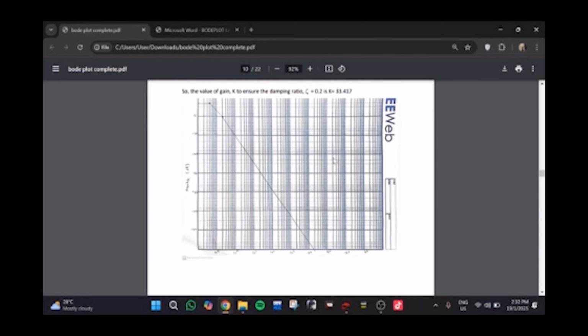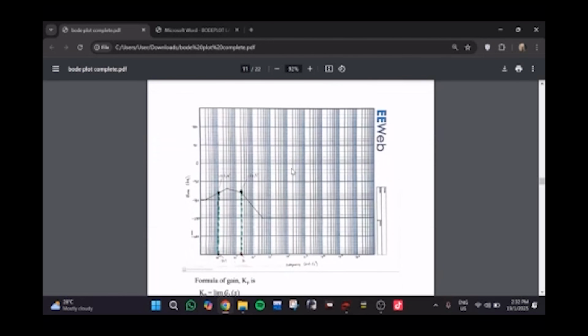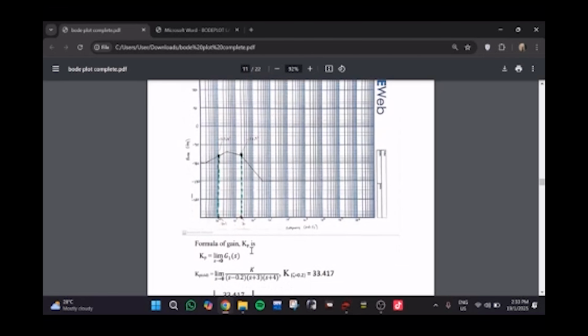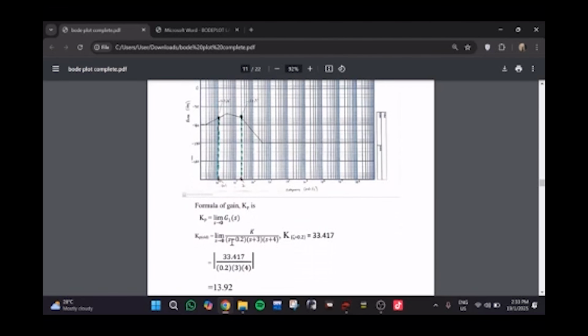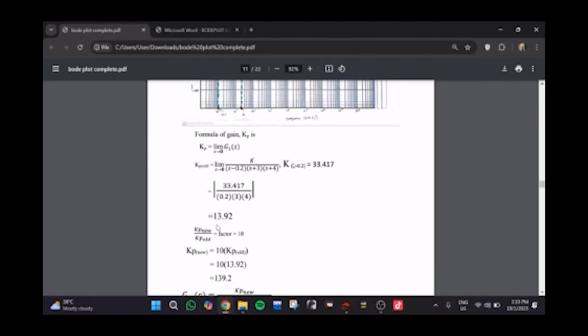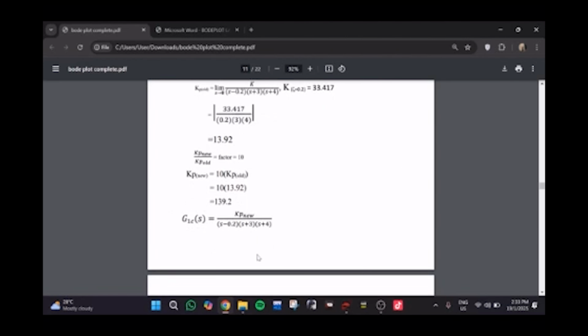We can see the graph here, and this one is the graph or formula of K. Kp is given by this formula. We insert the values, and then we get 13.92. So we use all the formulas to get the answer.